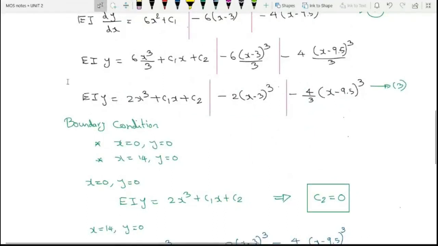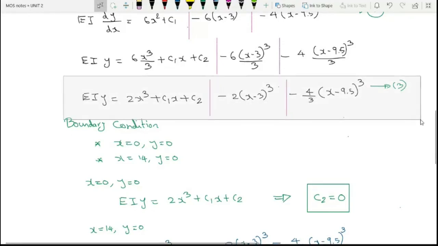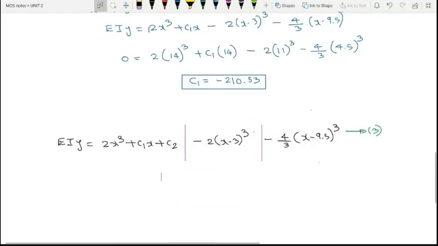So for better, I will copy this. The only difference is I identify the values of this thing, minus 210.53x. This is my deflection equation. Any doubt in this deflection equation? Actually the C1 value is 193.